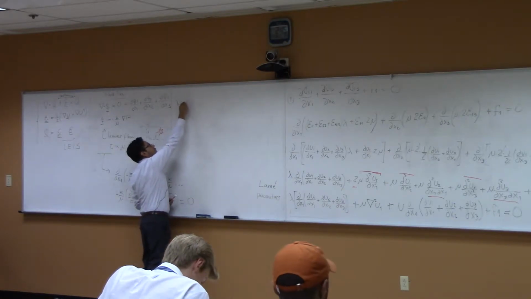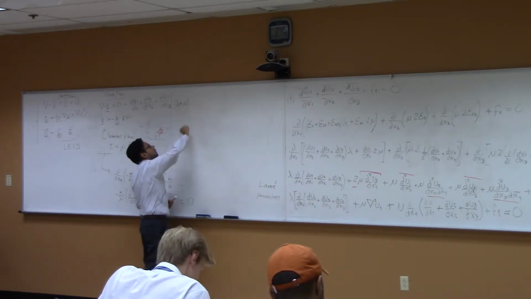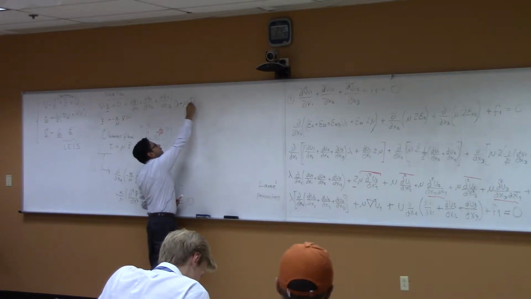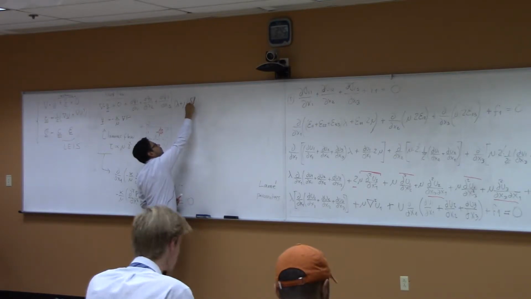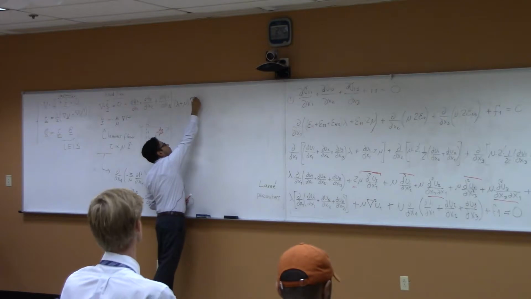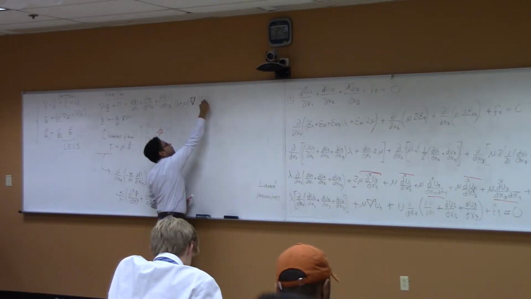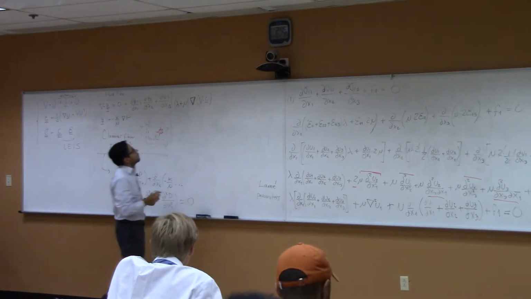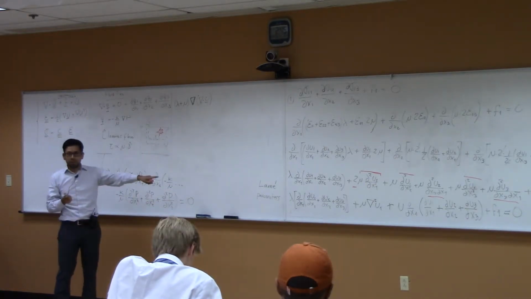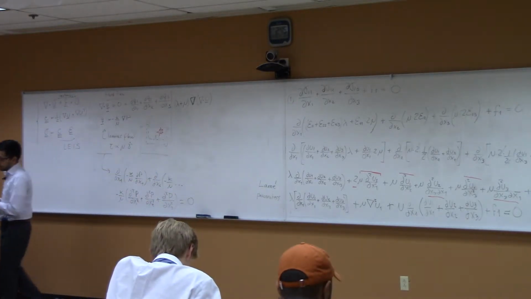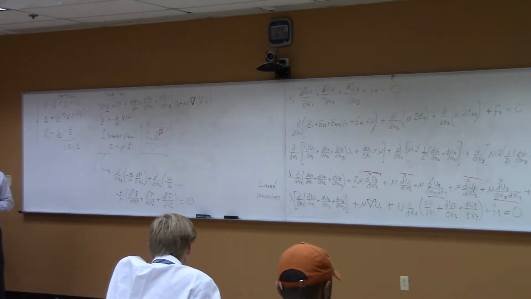Lambda plus mu, the gradient of the divergence of u. That's the first term, but now expanded in 3 dimensions.